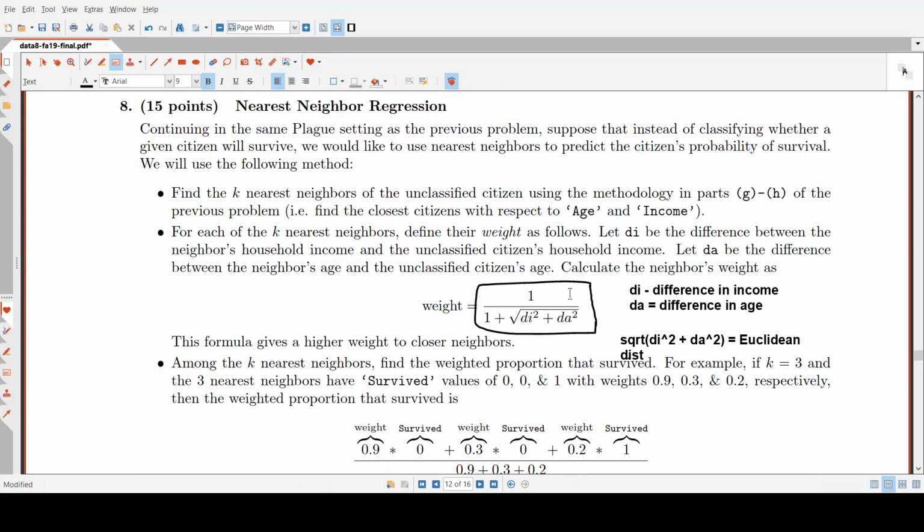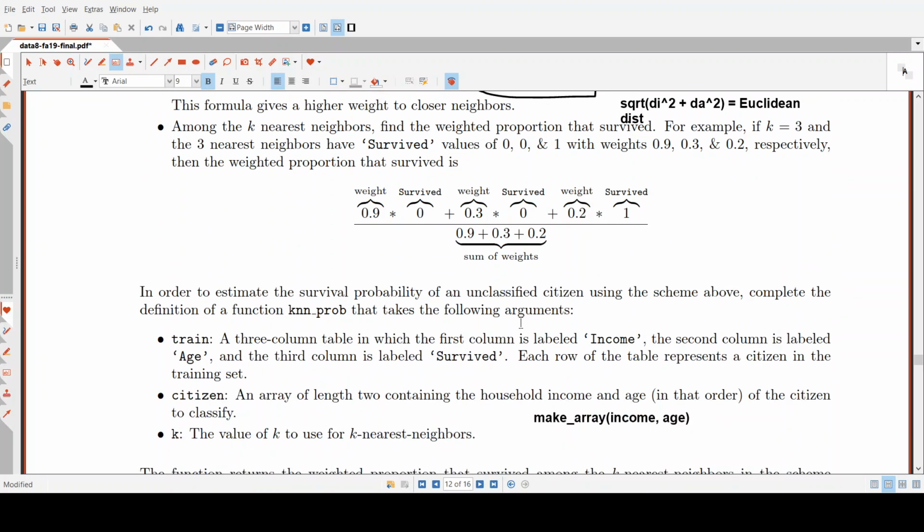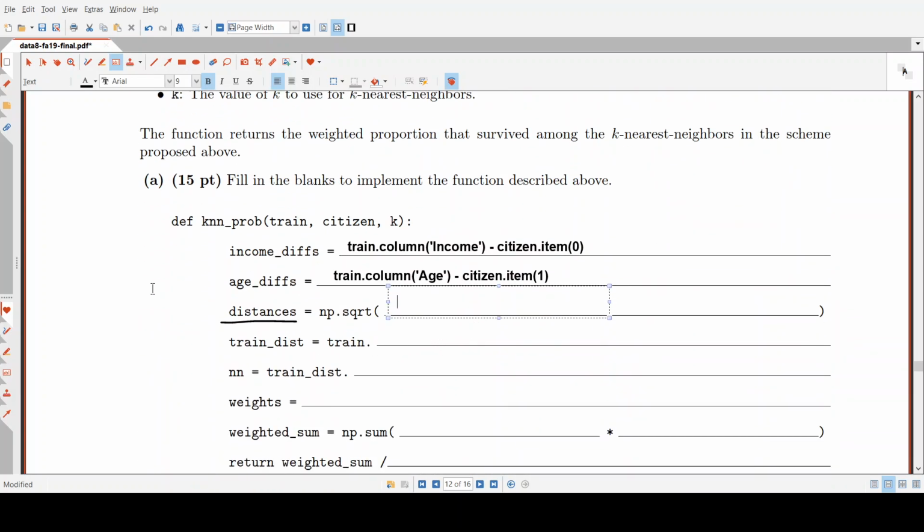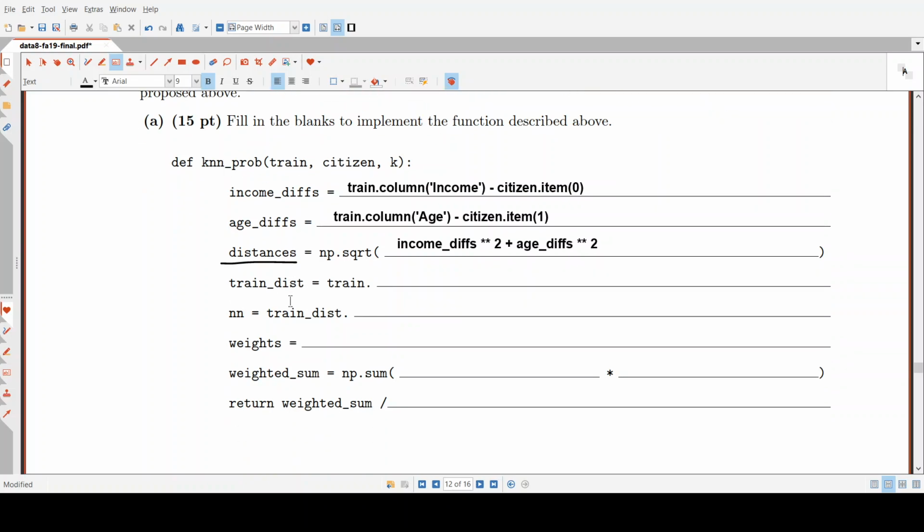It's the square root of dI squared plus dA squared. dI is the difference of incomes, so we can say income diffs all squared, plus the difference in ages, so we also square the age diffs. This will calculate the Euclidean distances between our citizen and each person in the training dataset.